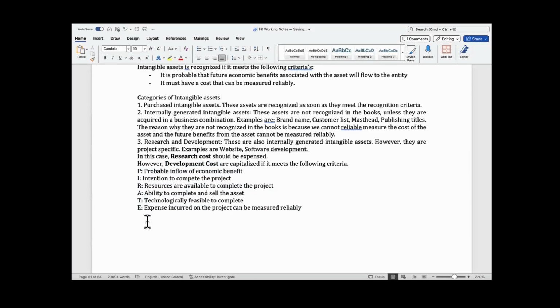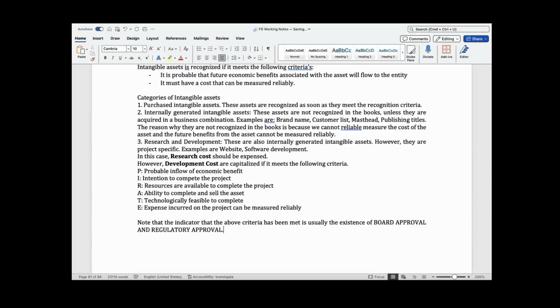Now, note that the indicator that the above criteria has been met is usually the existence of board approval and regulatory approval.